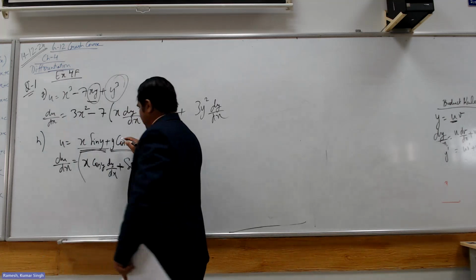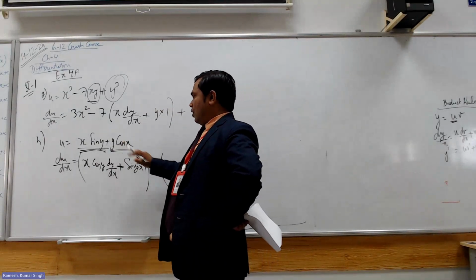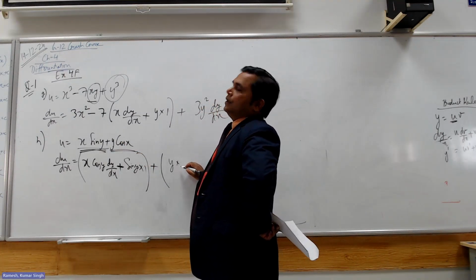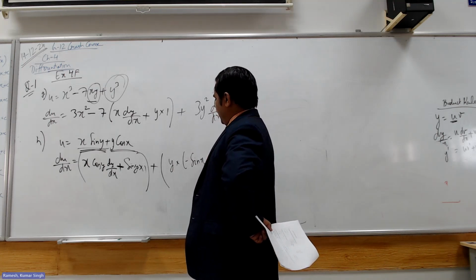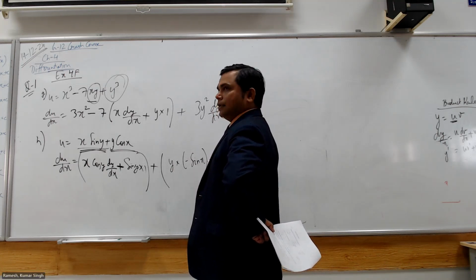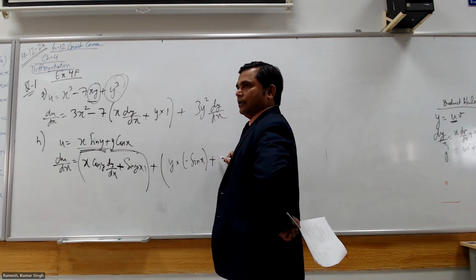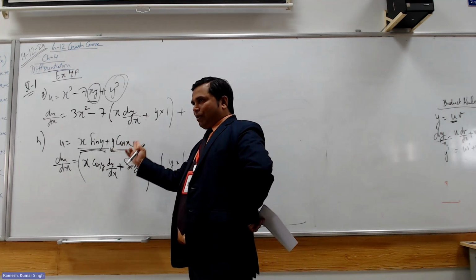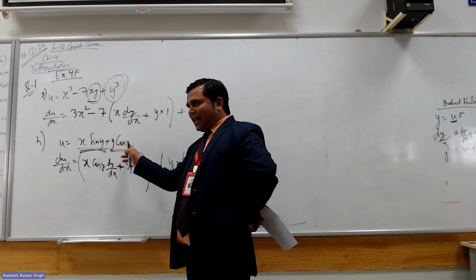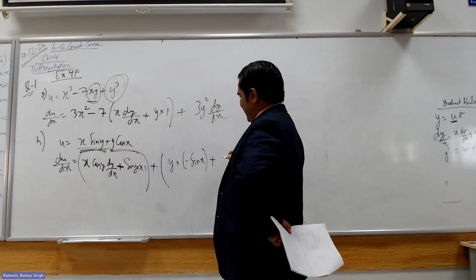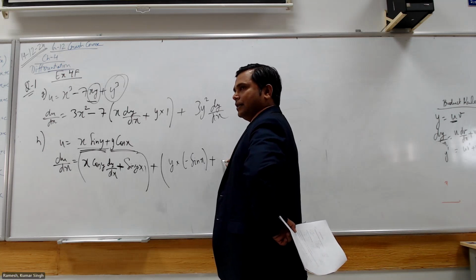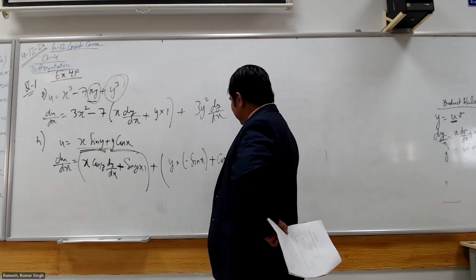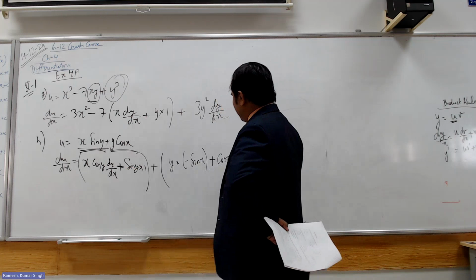How will we differentiate y cos x? y times negative sine x, that's u v dash, then plus v u dash, cos x, that's v. Differentiation of y is dy over dx.